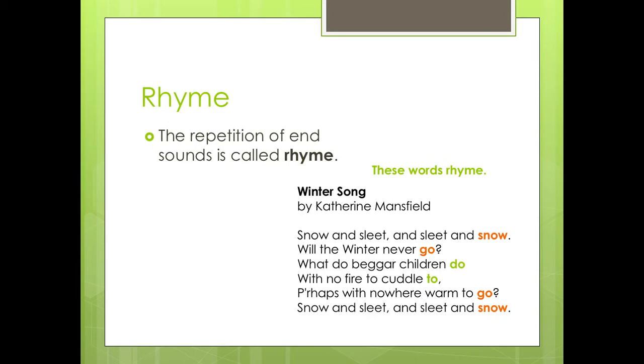Rhyme is when we repeat a sound and we hear it at the end, normally, of a line. So snow and go, do and to. We have the rhyming words that tell us a pattern and keep us engaged in our poem.